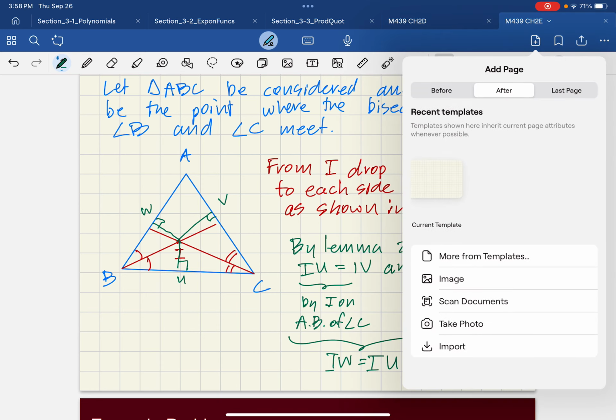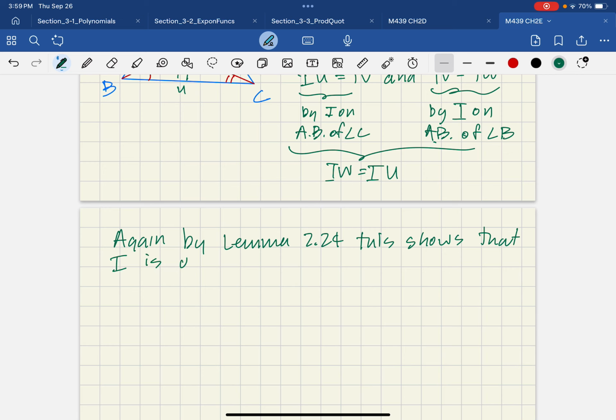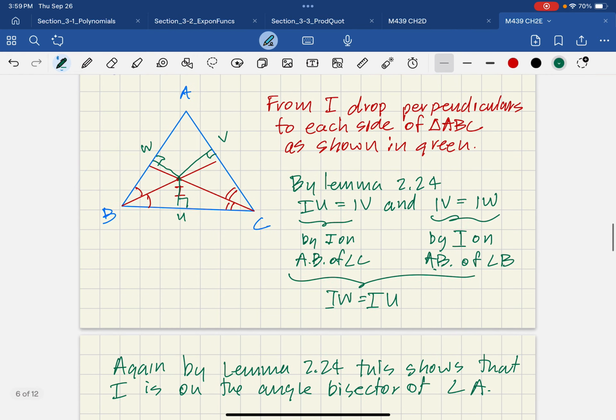I need another page here. I'll just erase that. So I'll say again, by lemma 2.24, this shows that I is on the angle bisector of angle A. I mean, just think about that, right?